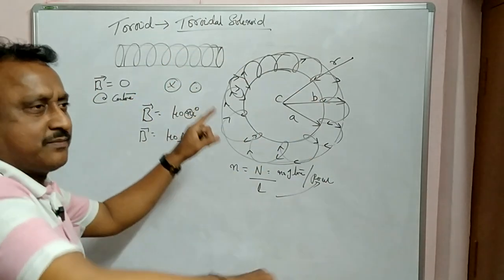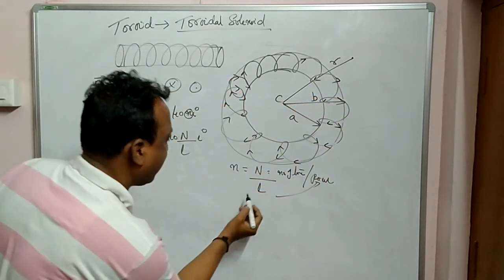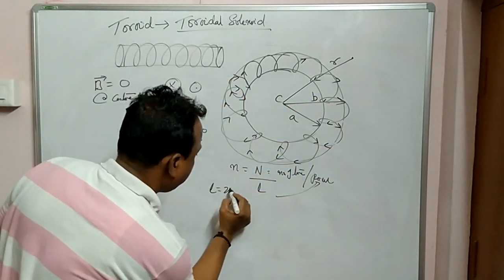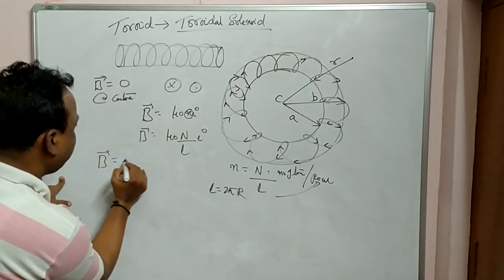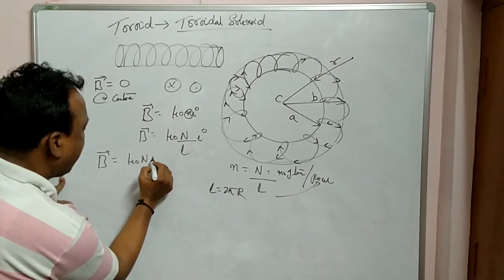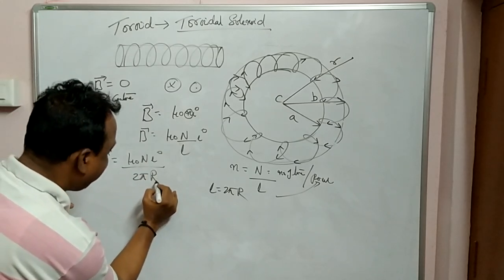What is the length here? The cylinder is stretched and formed into a circle, so the length is 2 pi r. Therefore, for a toroid, B is given by mu naught N i by 2 pi r average.